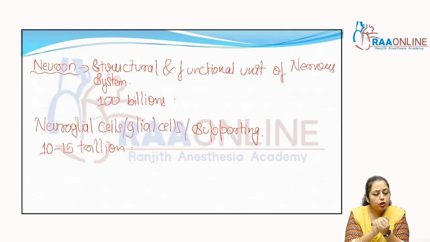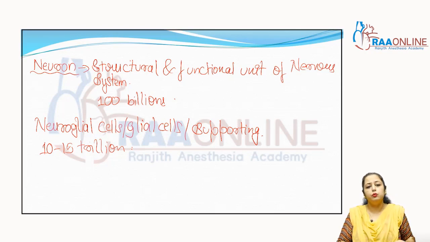In these synaptic knobs, synaptic vesicles are present, which are filled with neurotransmitters. So we can say the neuron is the structural and functional unit of the nervous system, right?